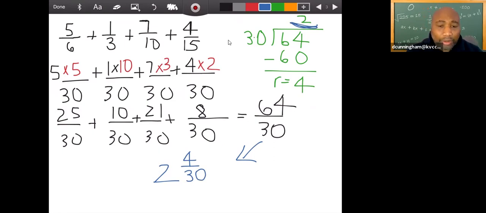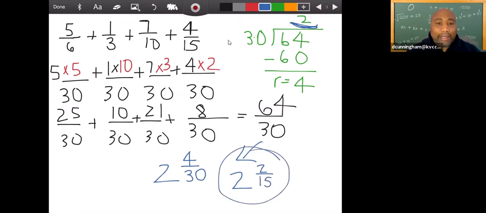And we can get it to lowest terms by dividing top and bottom, whatever you do on the top, you do on the bottom, by 2. And so my final answer will be 2 over 15. And so that's what I get as an answer. In this case, I will circle this for my answer.